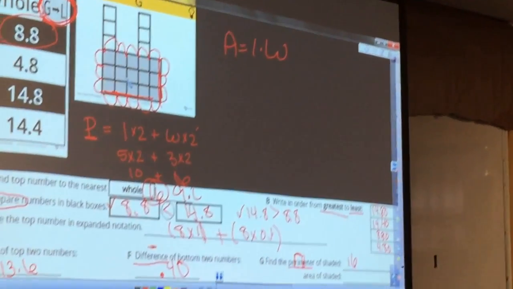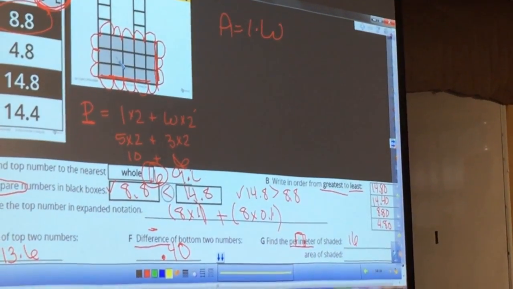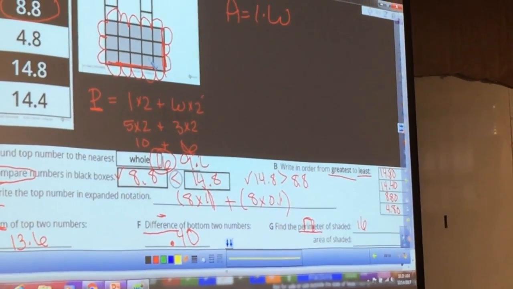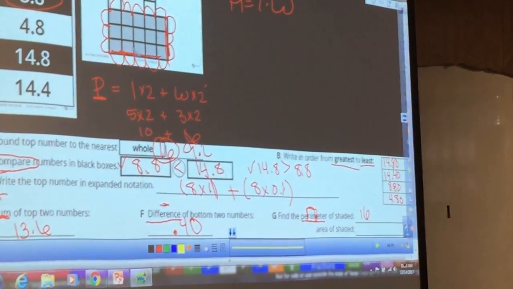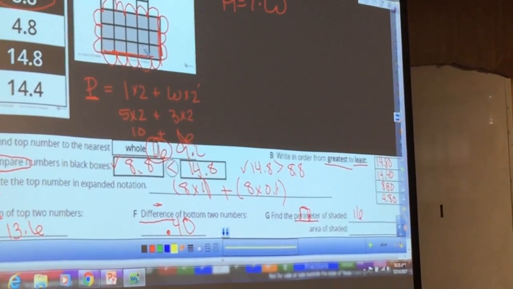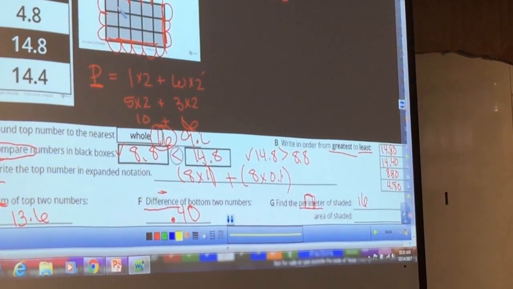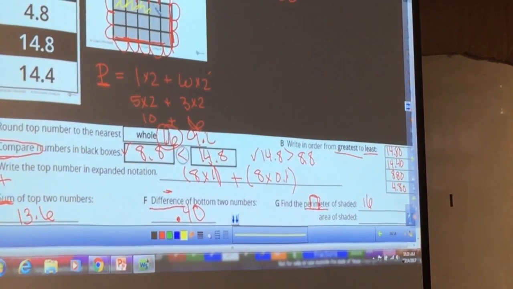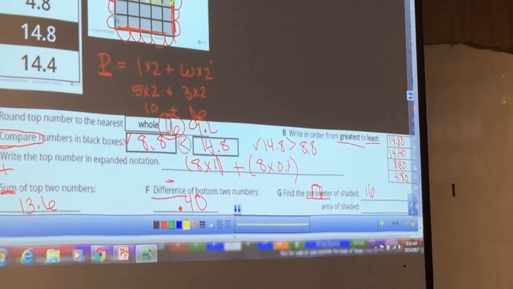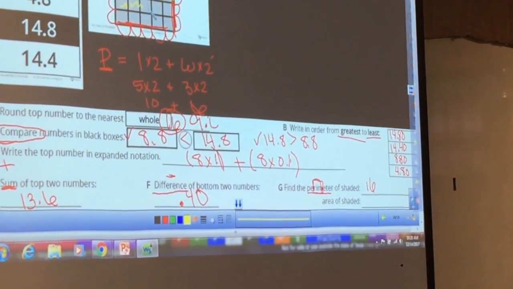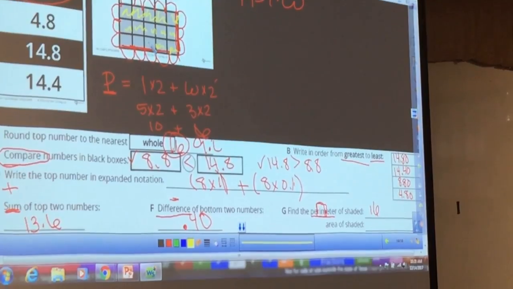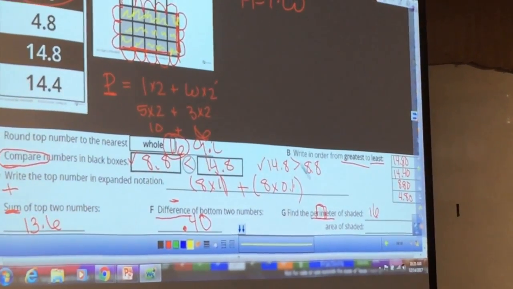Andalyn, what could I do to find the area? First of all, what is area? Area is the inside. So what could I do to find out what the area total is? You could count. So I could go 1, 2, 3, 4, 5, 6, 7, 8, 9, 10, 11, 12, 13, 14, 15, right?